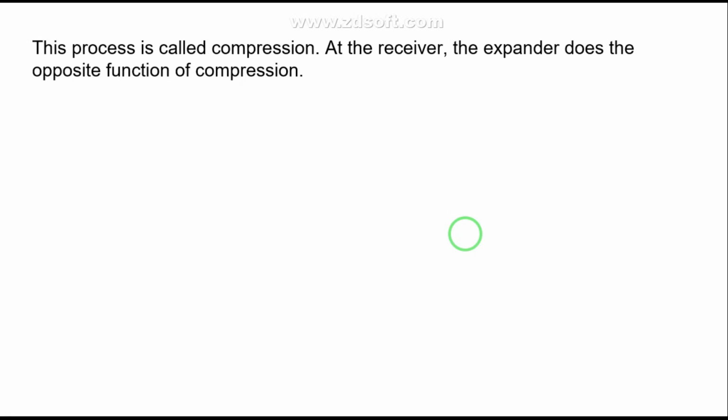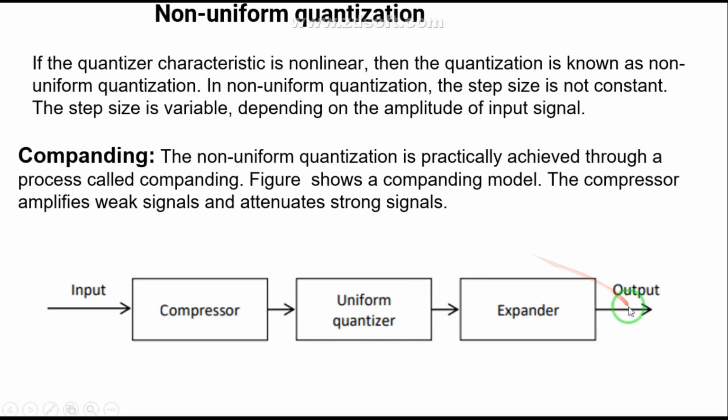Now at the receiver, exactly the opposite is followed, which is called expansion. And as you know, this is the block of the expander. The compression of the signal takes place at the transmitter, and expansion takes place at the receiver.